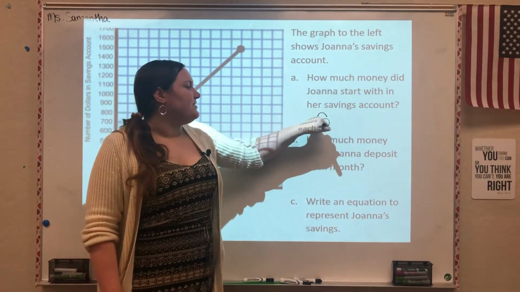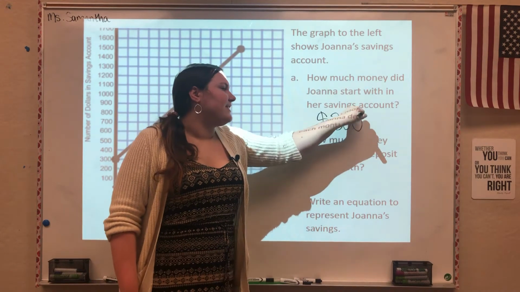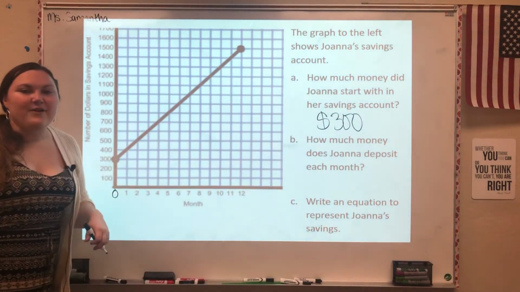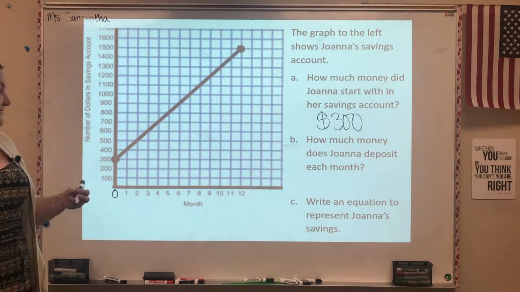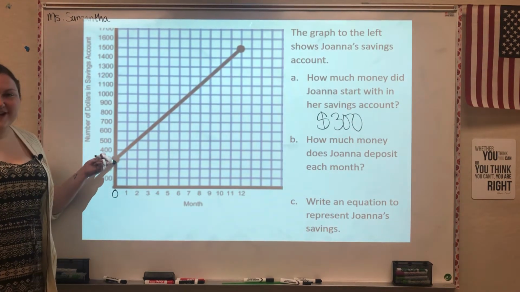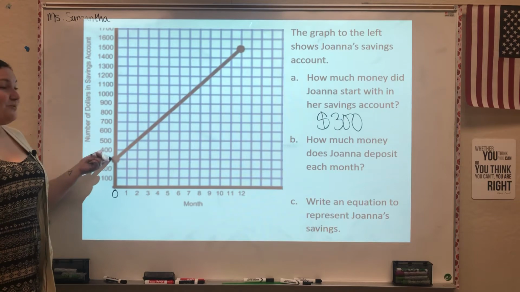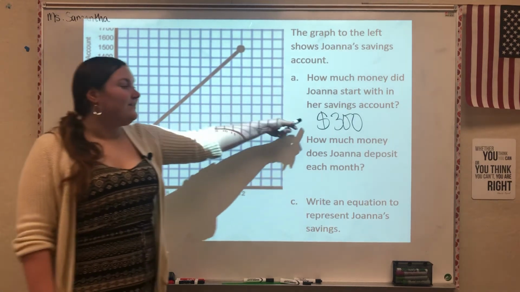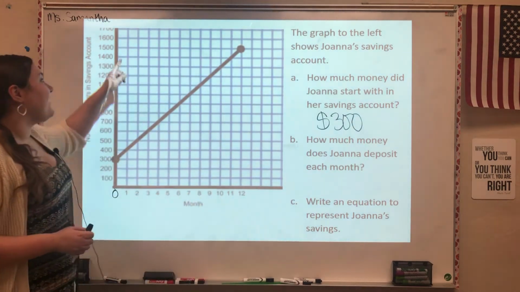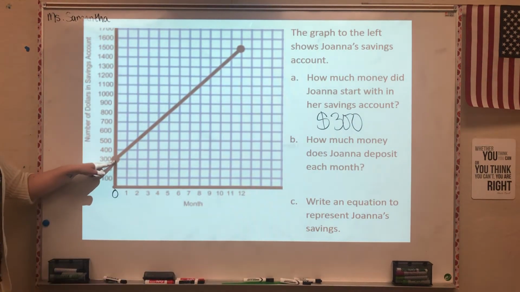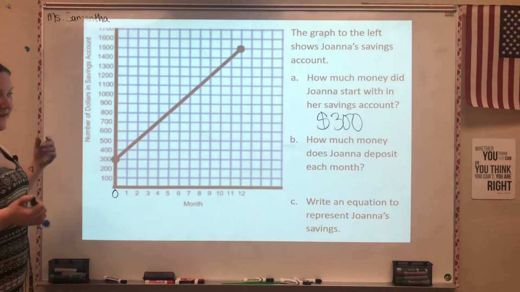The amount of money she started with is $300. Now, if I wanted to use a vocabulary word we've learned with linear equations to describe that, what could I use? Well, 300, that starting point, is your y-intercept. When we graph lines, we're always starting at our y-axis. This would be that starting point. It would be the y-intercept.